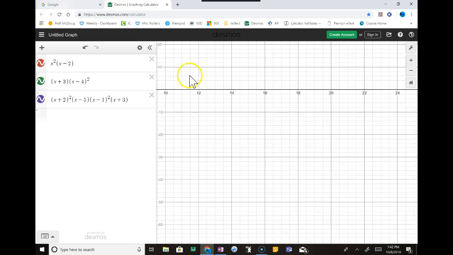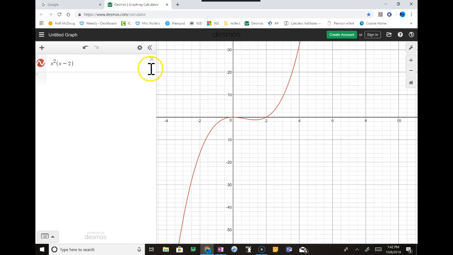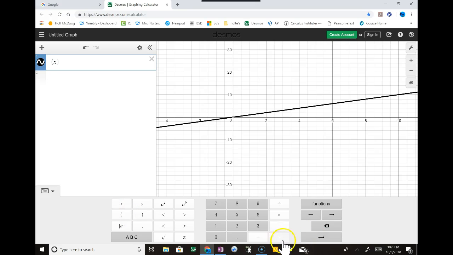Okay, so let me just make up one for you. Let me see if you can draw this. Let's do x plus 7 squared. I'm running out of numbers.